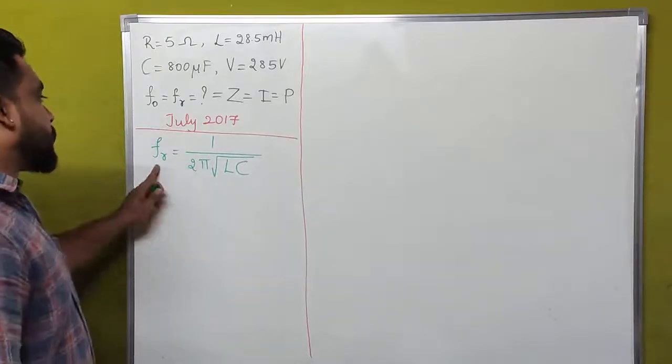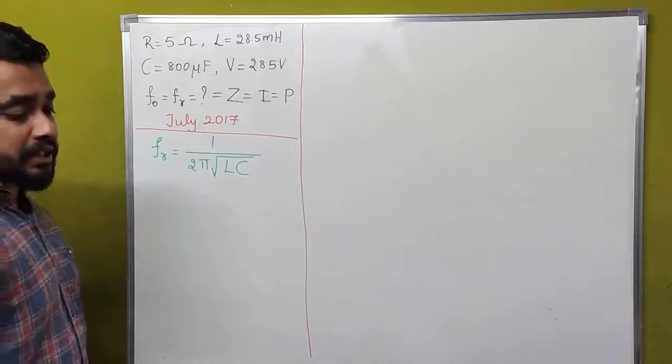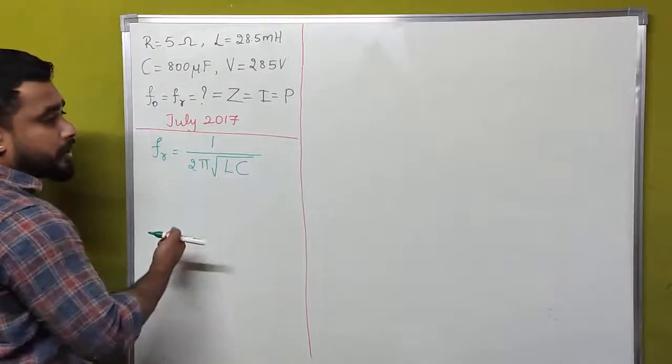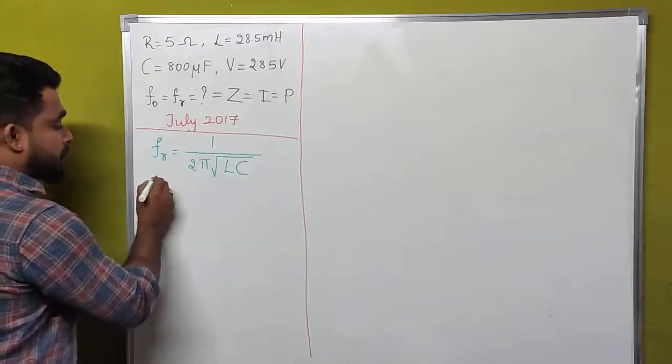If we substitute the values of L and C and pi, we can easily get the value of resonant frequency.